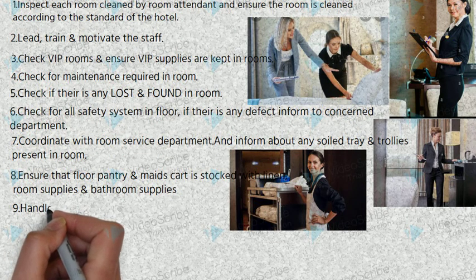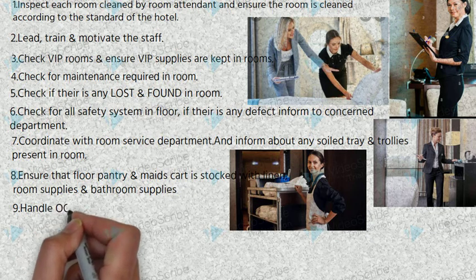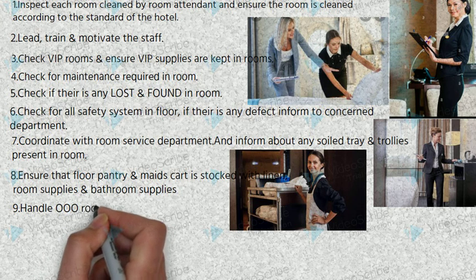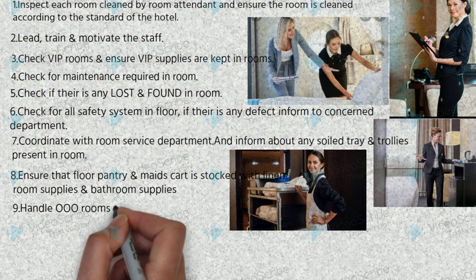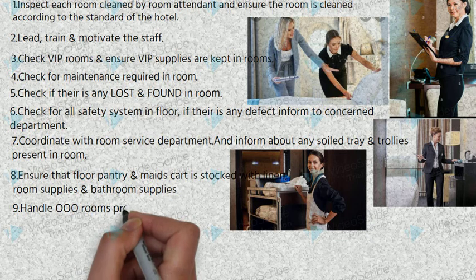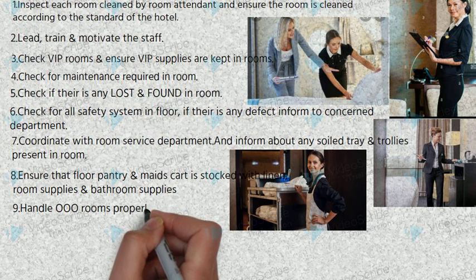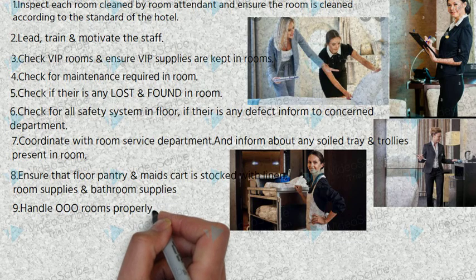As a supervisor, you are supposed to handle an out of order room in a proper manner, and also need to inform the front office department so that they could not sell that room to the guest.